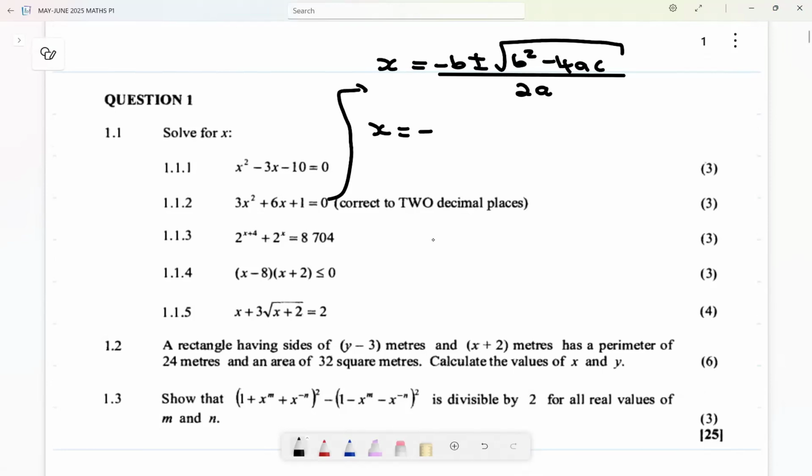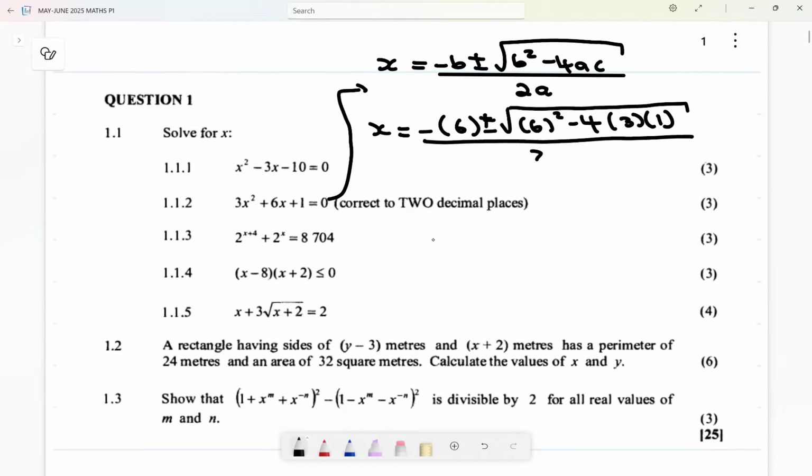Then x is equal to negative, what is b? b is 6, plus or minus 6 squared minus 4a. A is 3, c is positive 1. My a is 3 again.